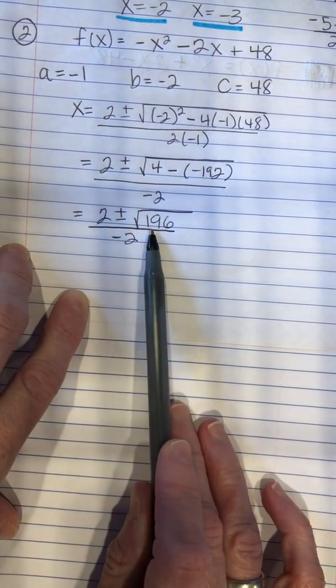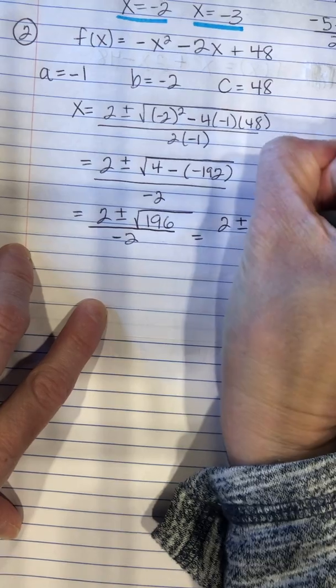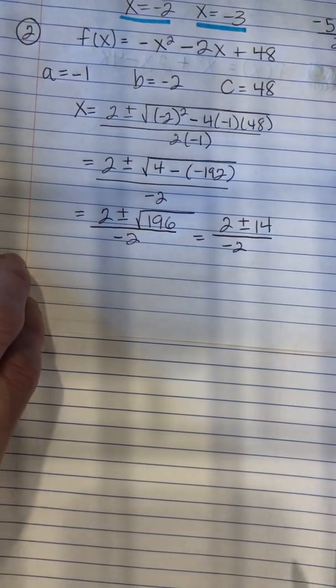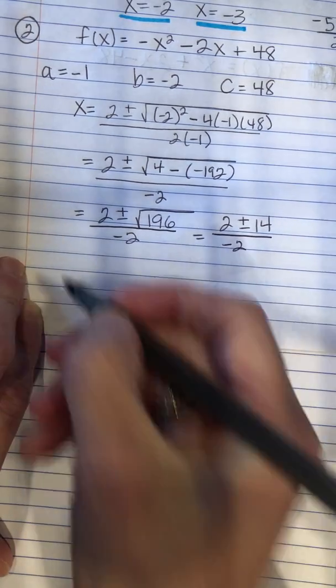So now I'm ready to take the square root of 196, which happens to be 14. So this is 2 plus or minus 14 divided by negative 2. Now I'm ready to break this apart into my two possible solutions.